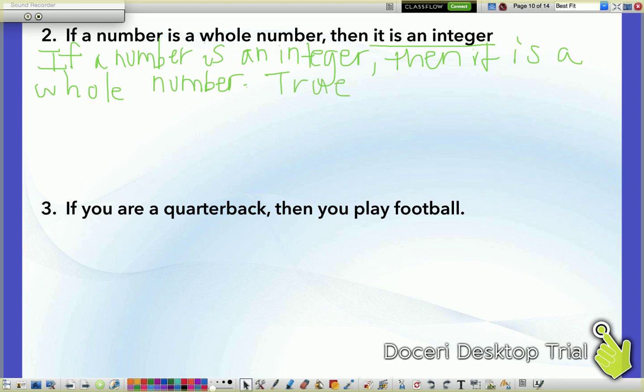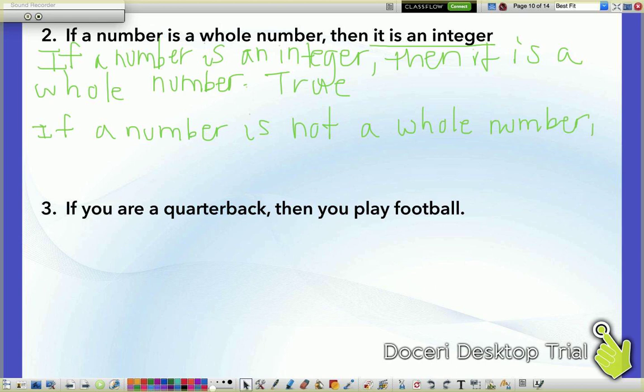So when we write the inverse, if a number is not a whole number, then it is not an integer.